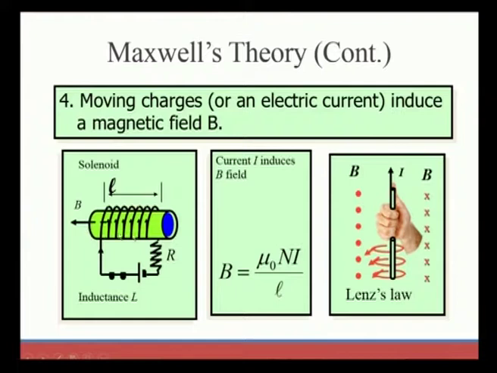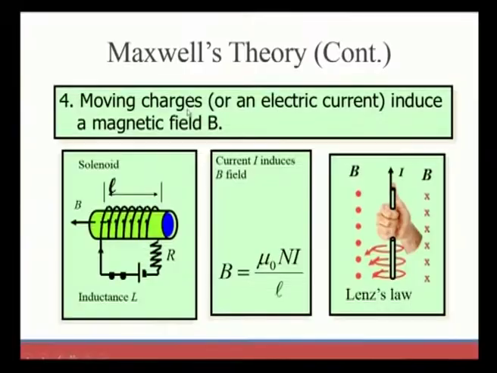The solenoid is represented here, having an inductance L, this is the length of the solenoid, this is the direction of the magnetic field, and this is the resistor R. Due to the induced EMF, the current flows like this in the turns of the coil of the solenoid, and the current I induces a B field.